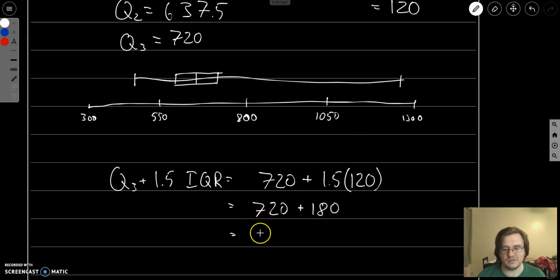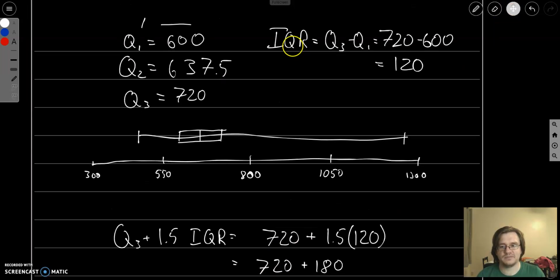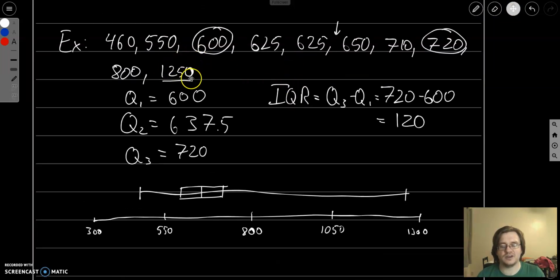When we simplify this, we get 900. So any number bigger than 900 will be considered an outlier. 1,250 is certainly bigger than 900, so this is an outlier.